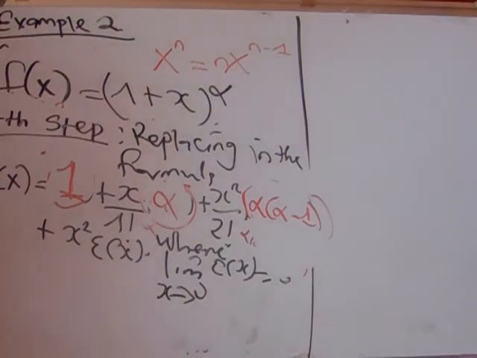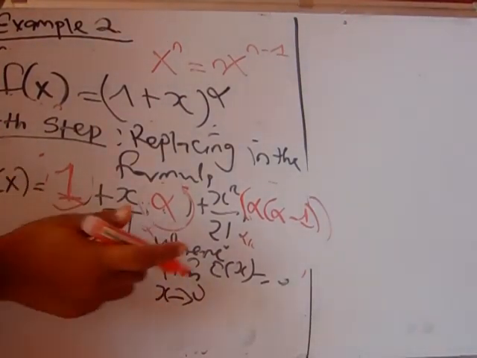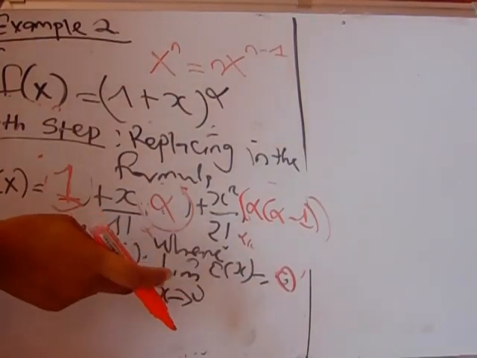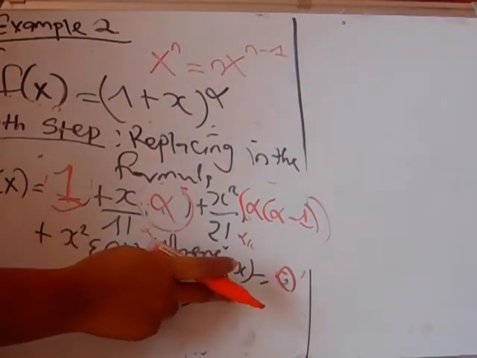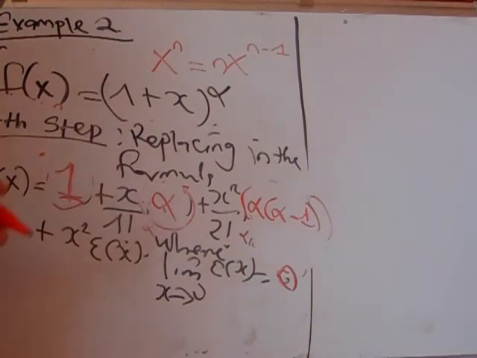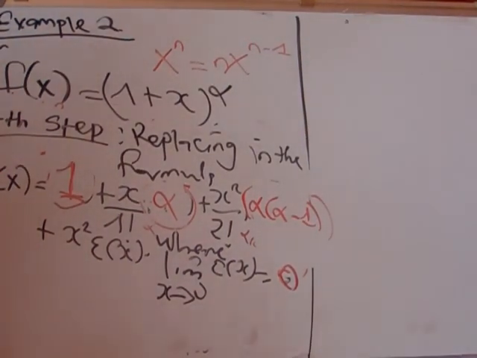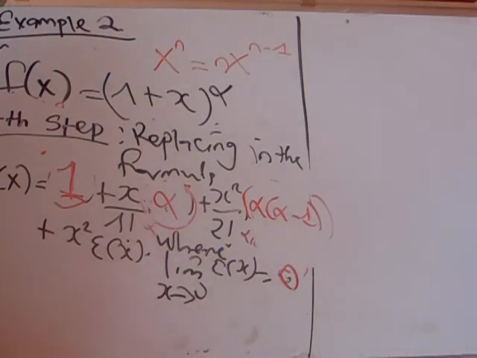Then x to the power of 2, plus x raised to the power of 2 epsilon of x, where the limit when x tends to 0 of epsilon of x is equal to 0. And this is the DL of (1 plus x) raised to the power of alpha.